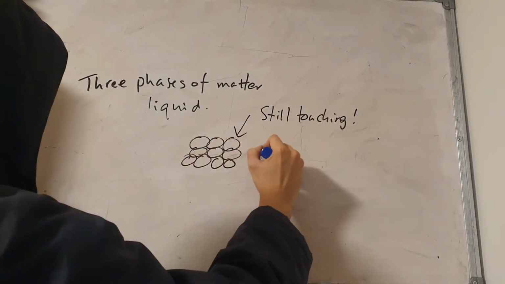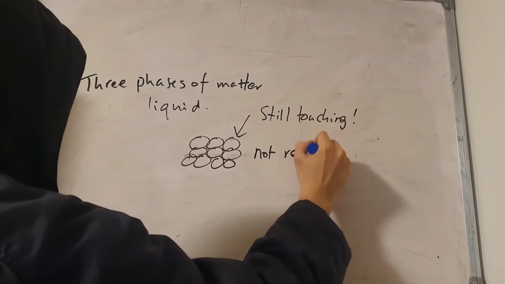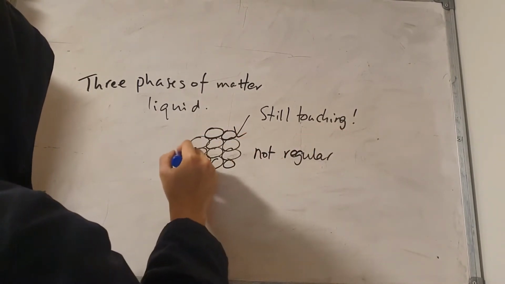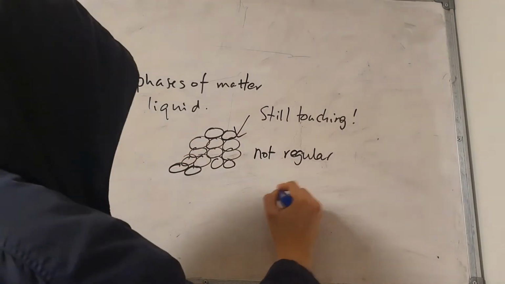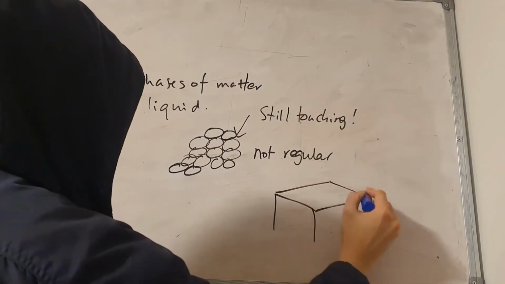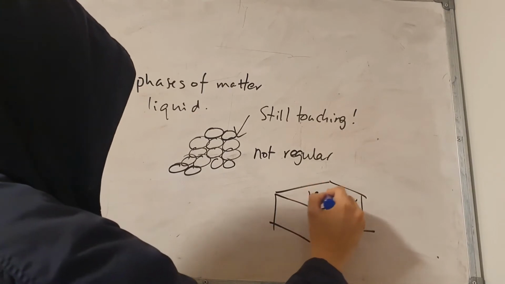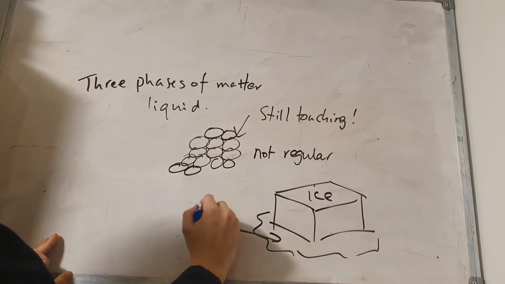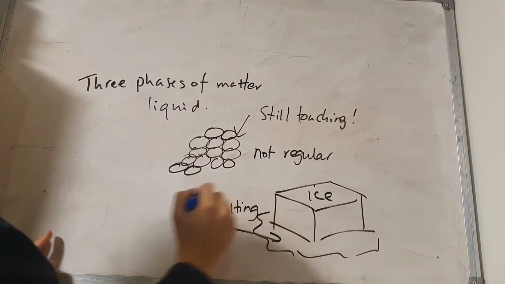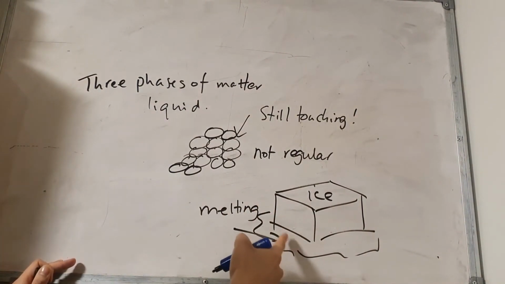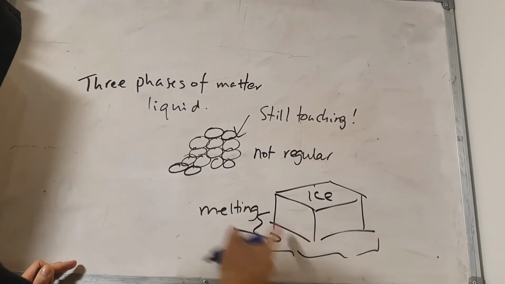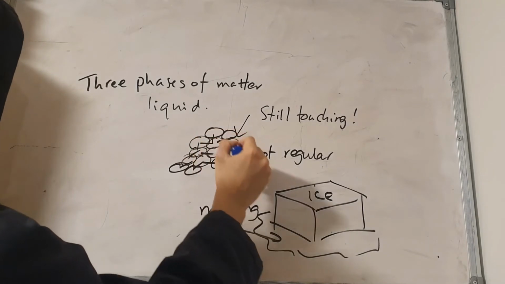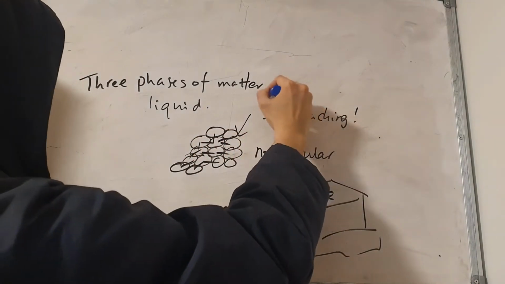Although it is not regular, if you think about solid ice melting, the atoms are still in contact with each other.